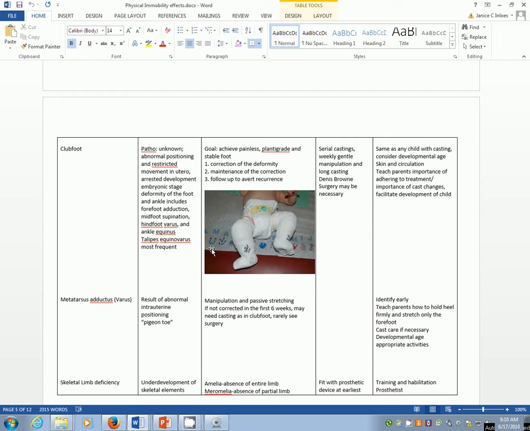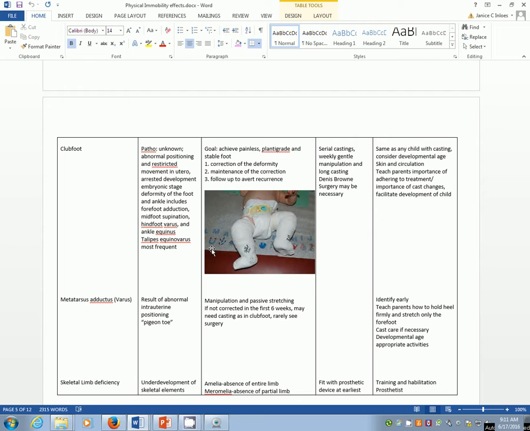After we do the serial casting, of course, it has to be the long casting, and if we get them in place, we put them in the Dennis Brown splint to keep them in place, and sometimes we have to do surgery to correct the foot and do a tenotomy. They'll usually do that between the castings if the foot's not correcting the way they want it to.